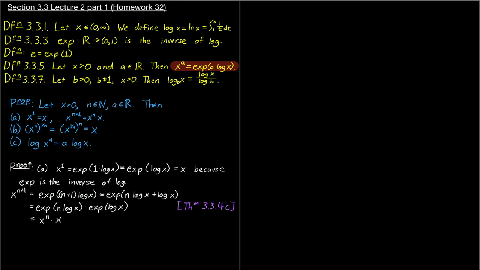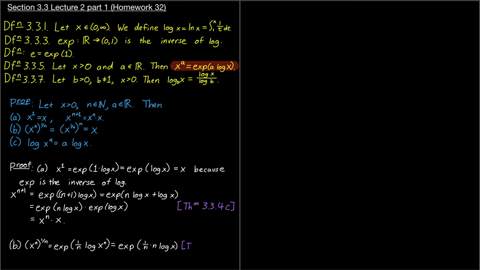And then part B, let's take x to the n, to the power of 1 over n. That is exp of 1 over n times the logarithm of x to the n. And we haven't proven part C yet. We can't move arbitrary powers down, but we did see that you can move integer powers down.